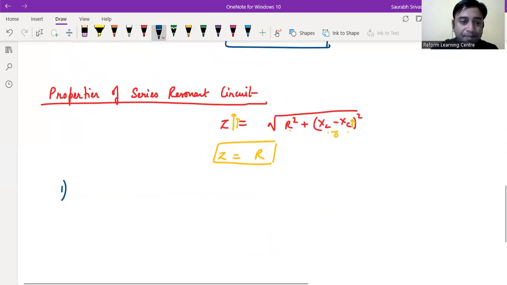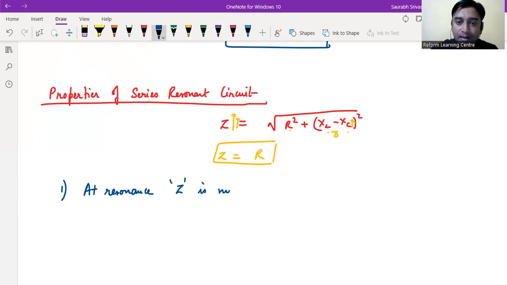First property is at resonance, impedance is minimum.